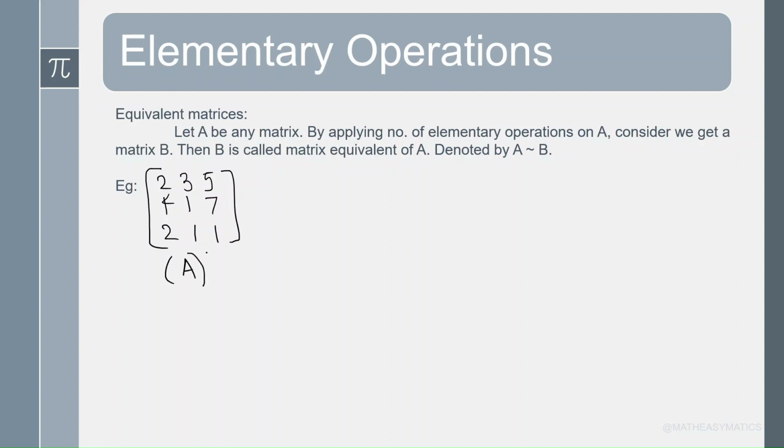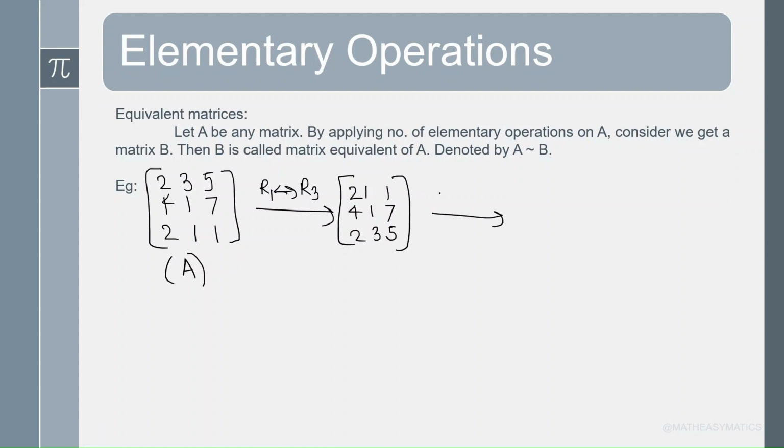Say it is matrix A. Now perform any elementary operation. Let's say R1 interchange with R3. So here we get 2, 1, 1, 4, 1, 7, 2, 3, 5.